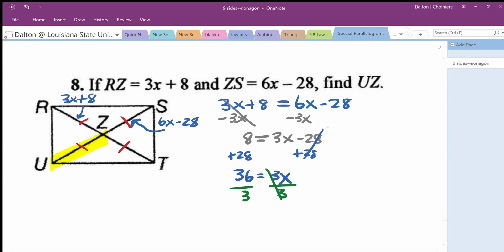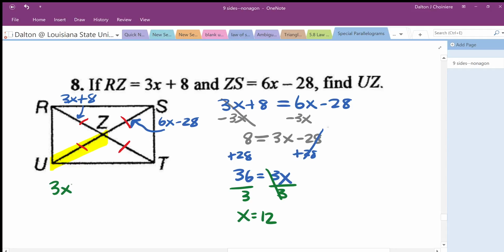And what is x? Now, that's not the answer, right? Because the question is, the highlighted part, what is uz? So what do I need to do with x? Okay, and I can plug it back into either one because all four of those are congruent.